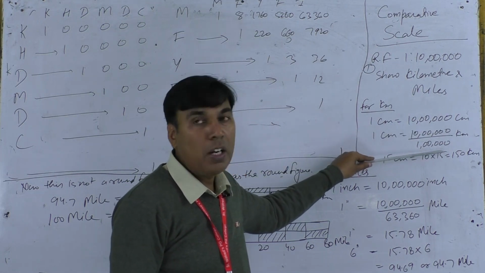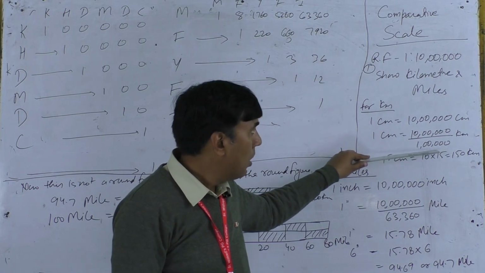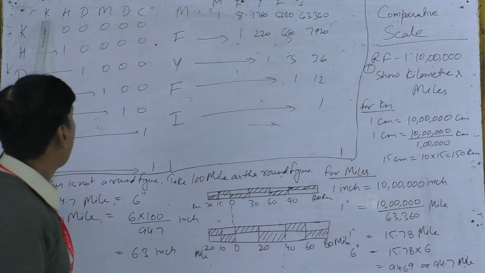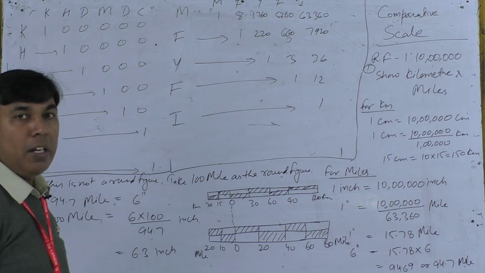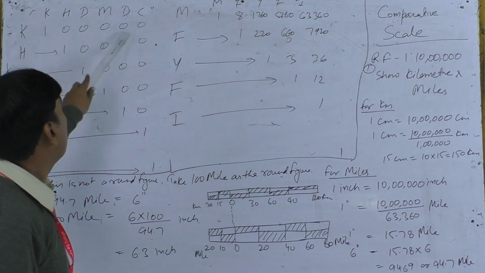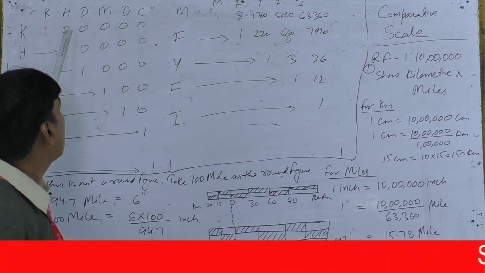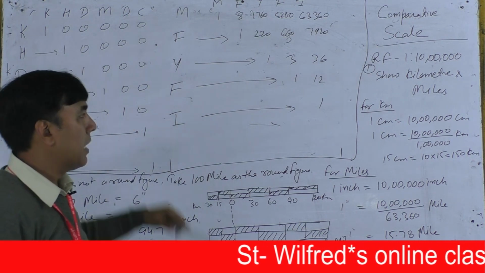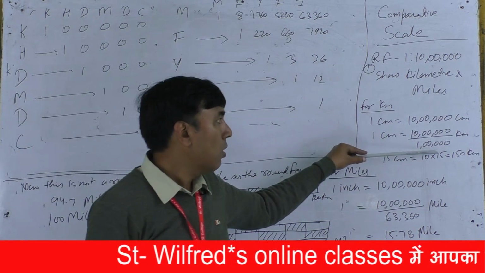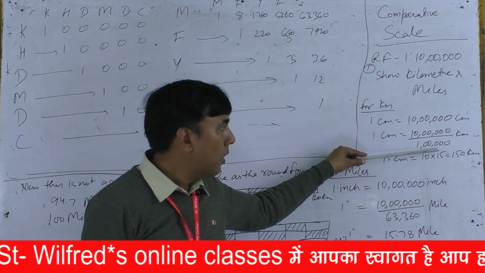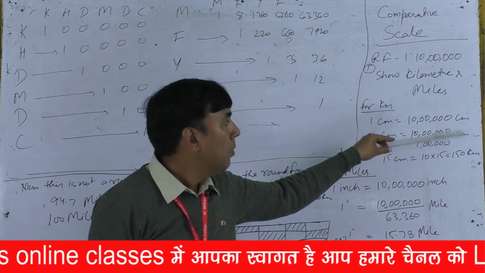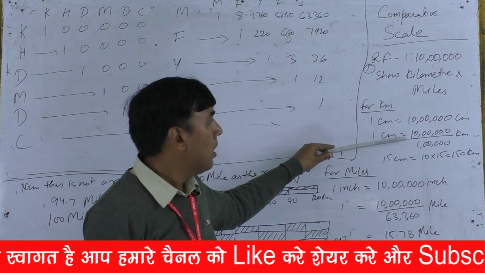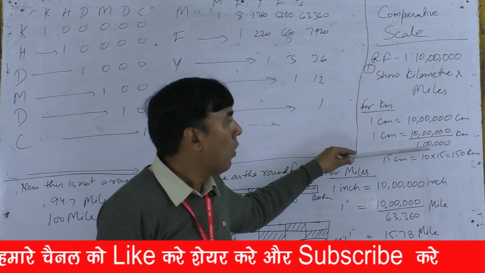Why are we using 1 lakh? Because the question is asking to show kilometer, and in 1 kilometer, how many centimeters? 1 lakh centimeters: 1, 10, 100, 1000, 10,000 and lakh. So that's why we are using 1 lakh to convert to kilometer. So 1 centimeter is equal to 10 lakh divided by 1 lakh.